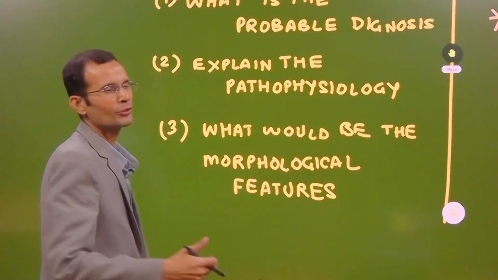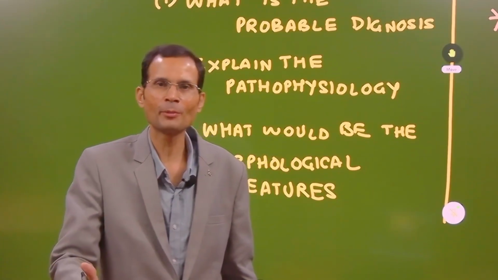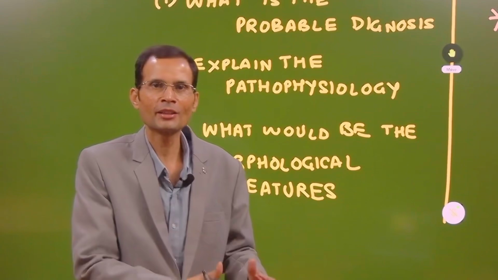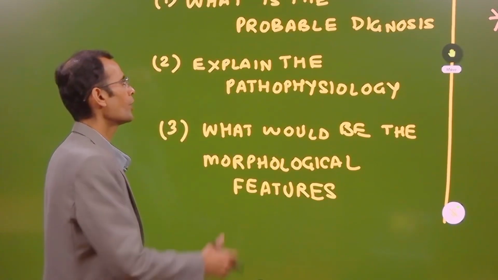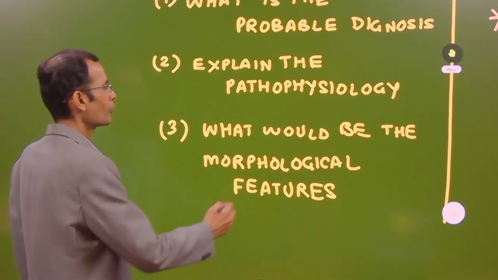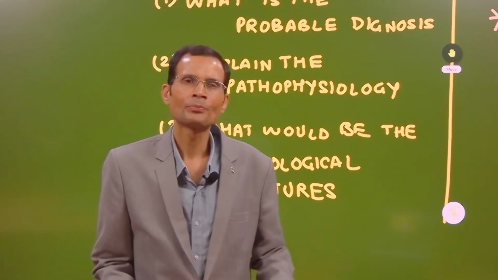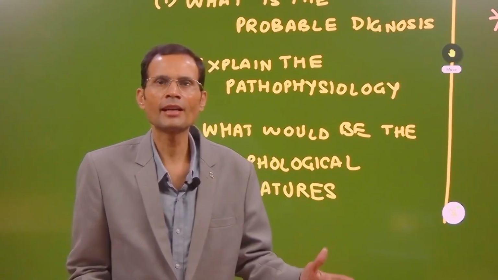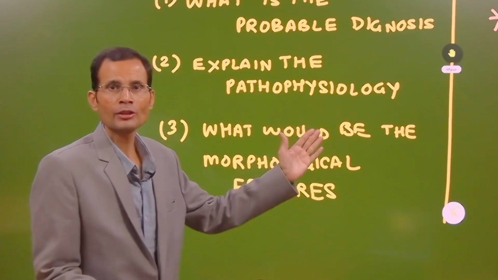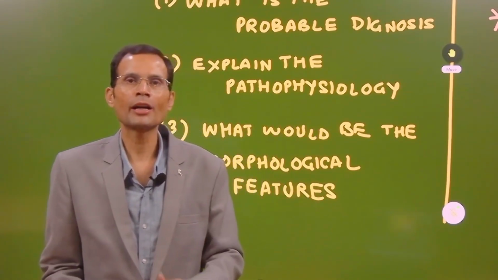Then you can write, once you have learned by heart what you already know about megaloblastic anemia from the theory, the entire thing you have to write in your answer. And what would be the morphological features? Well, we have already said there will be macrocytic anemia, and then you have to write the blood indices.